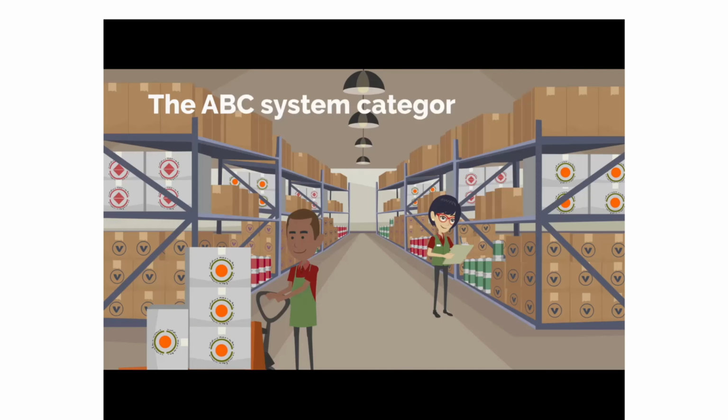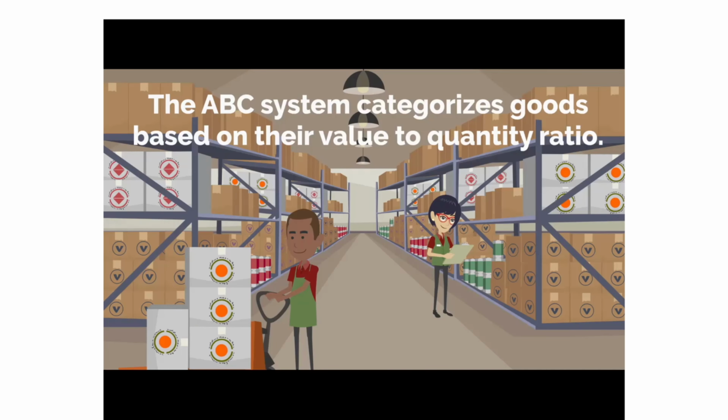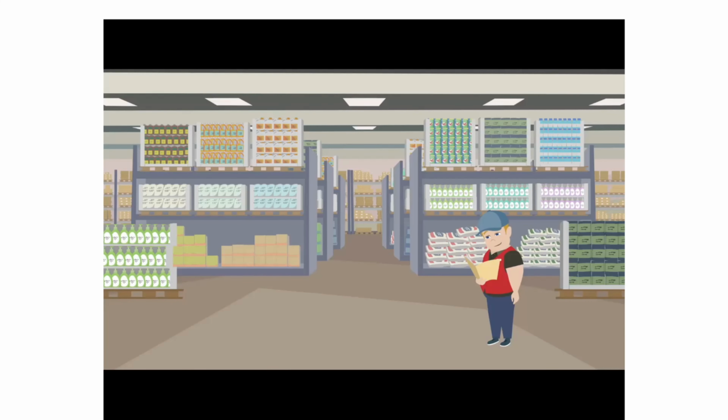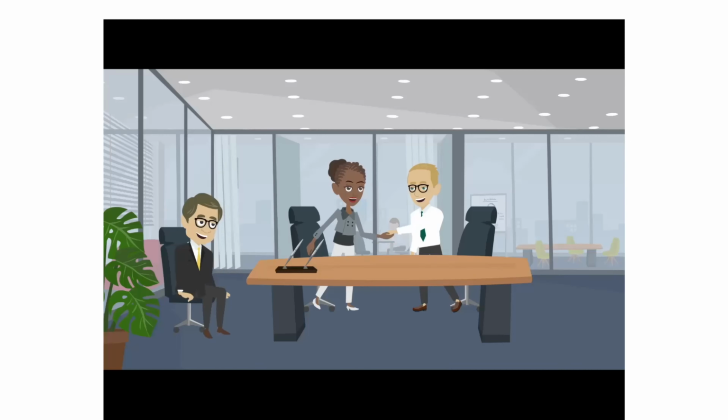The ABC system categorizes goods based on their value to quantity ratio. If you sell fewer higher value goods, you'll want to keep a smaller quantity of goods in stock. And if you sell more lower value items, you'll need to keep more of those goods in stock. Therefore, you classify your products into levels of value and quantity, so that you can maximize the value of your overall inventory.